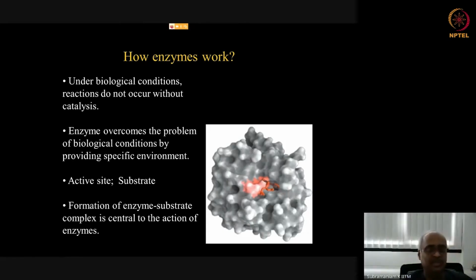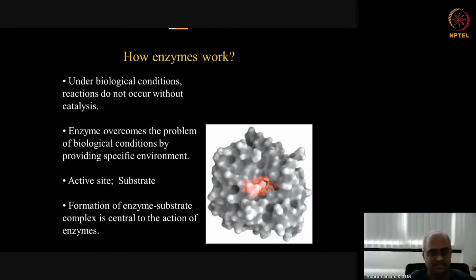These multiple interactions between the substrate and enzyme groups are central to the action of enzymes. This is really the crux of enzyme-substrate binding and conversion of substrate to product, central to enzyme-based catalysis.